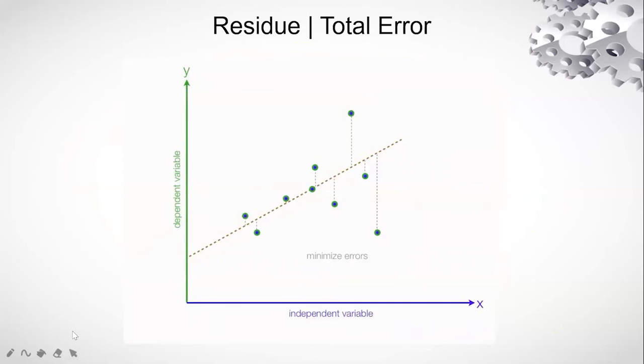Moving further, we talk about residue and total error. When we talk about residue, we are calculating this distance from every point. That is why I have taken a very small number of dots, so it is easy to explain. Every distance is calculated, and if you think logically, the initial distance will be very high, and as the line moves closer to this, the error will go down, the residue will go down.